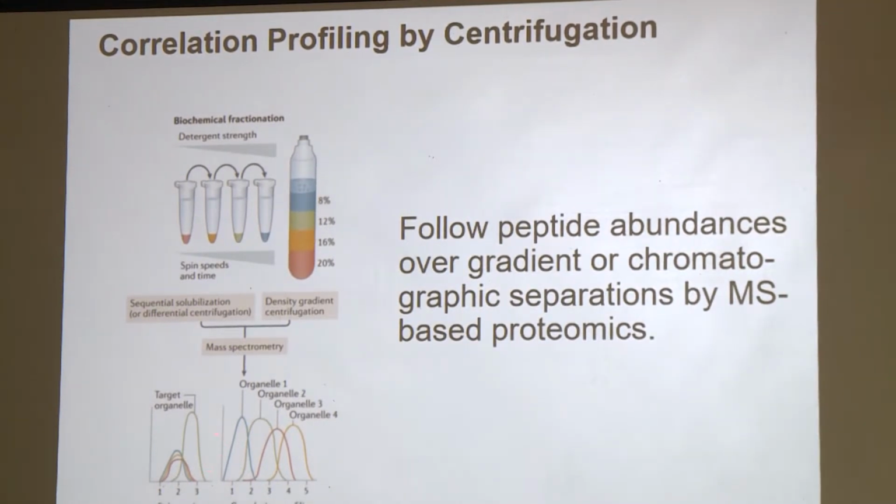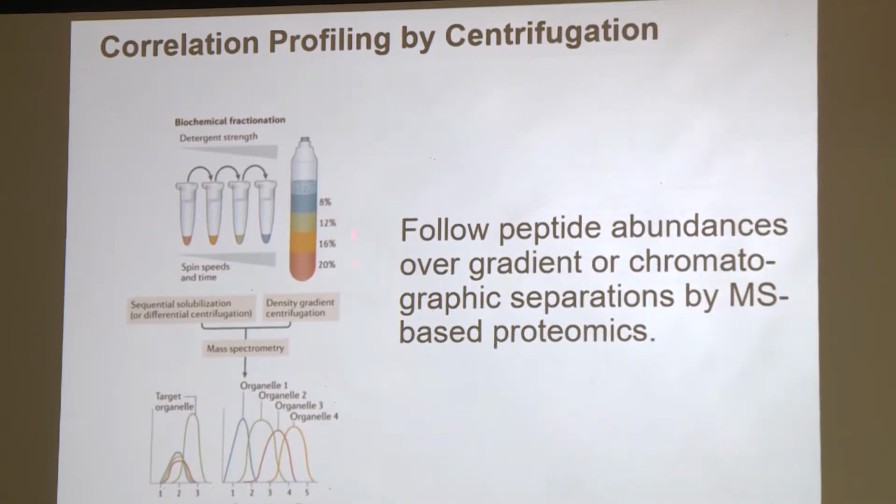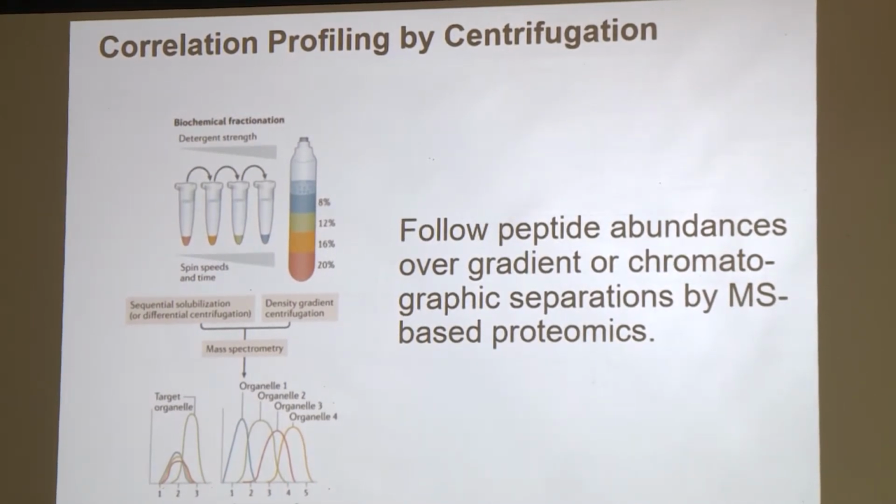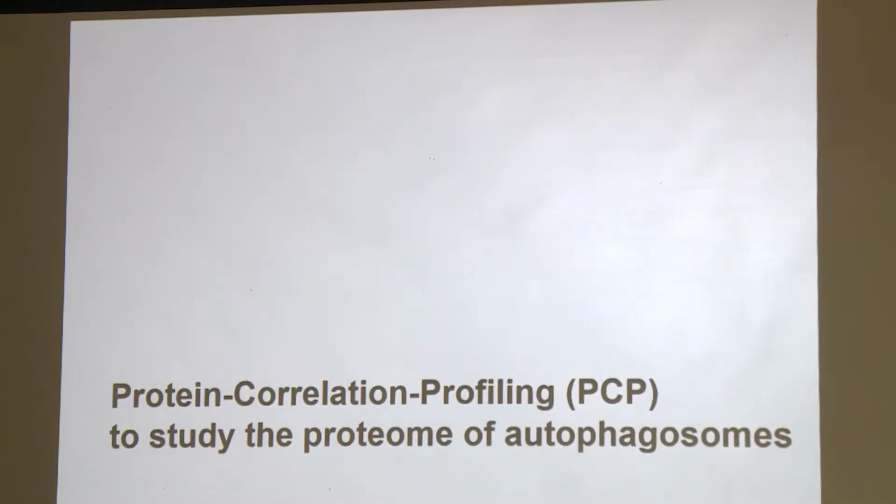For example, if you do these step fractionations, you could look at your target organelle compared to your other organelles, or if you do these gradient density centrifugations, you can follow your organelle distribution over the entire gradient, right?